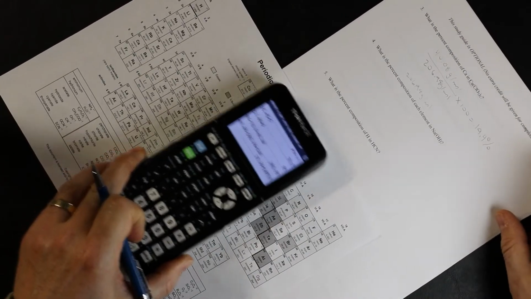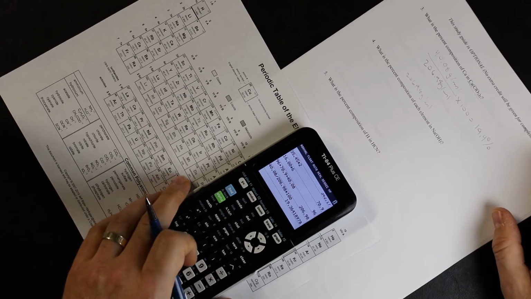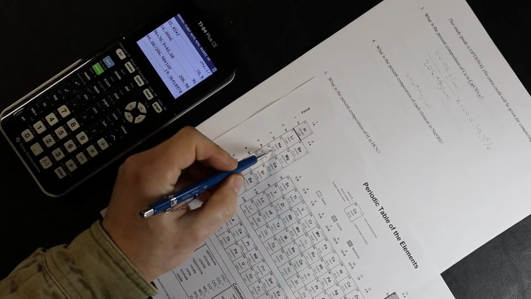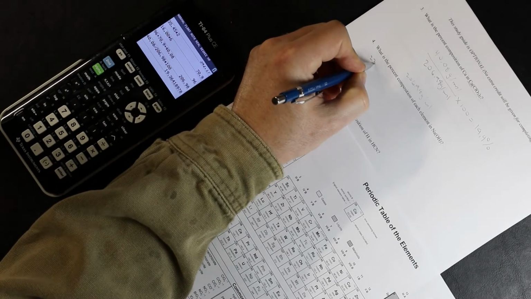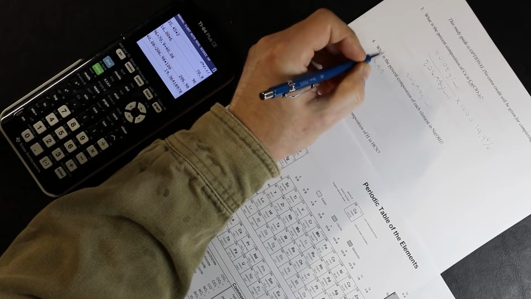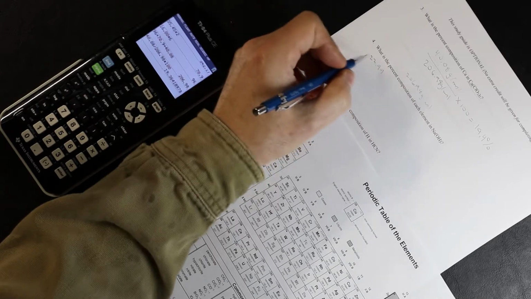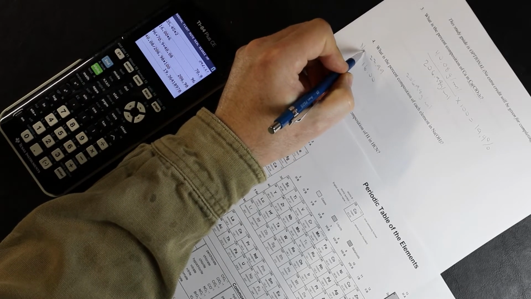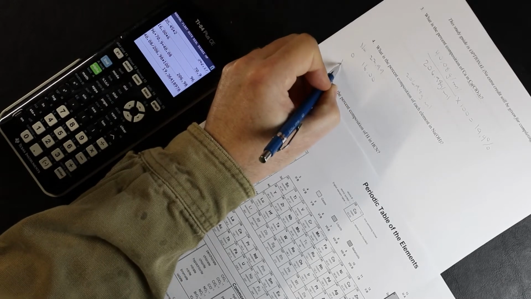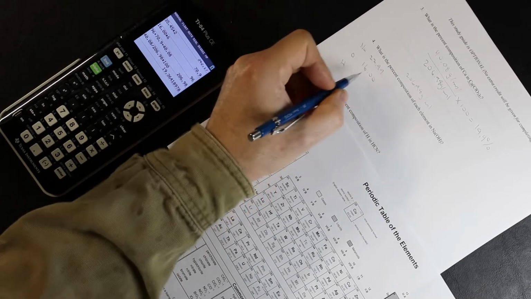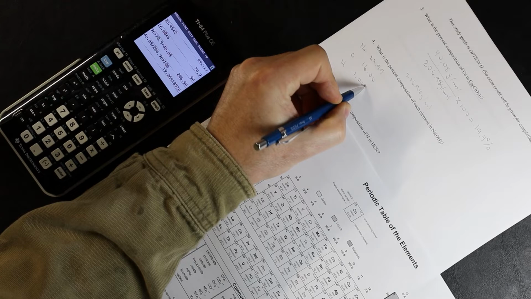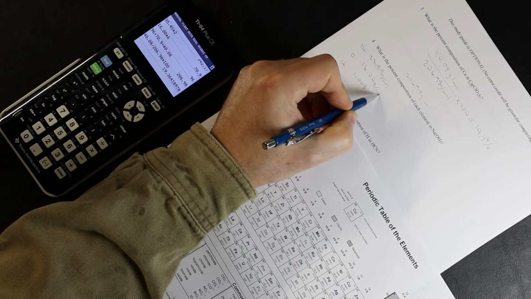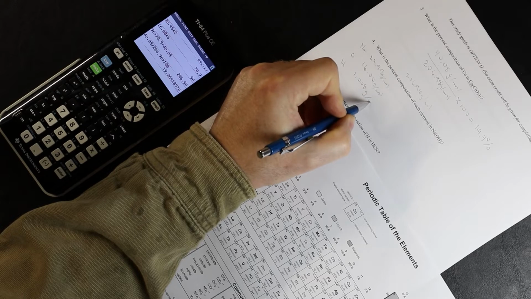Now this one's more tricky. I want the percent composition for each element in sodium hydroxide. So we're going to have a little more math to do. My sodium is 22.99, but I have one of those. I have an oxygen at 16. I'll label these here. That's my sodium, that's my oxygen. And then I have hydrogen here, 1.008. And these are grams per mole.